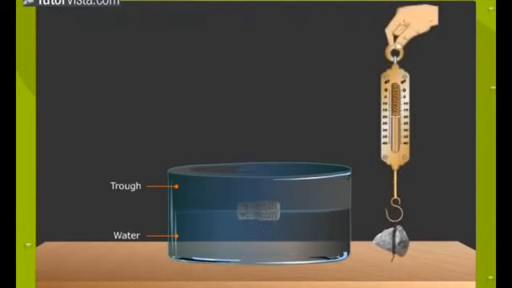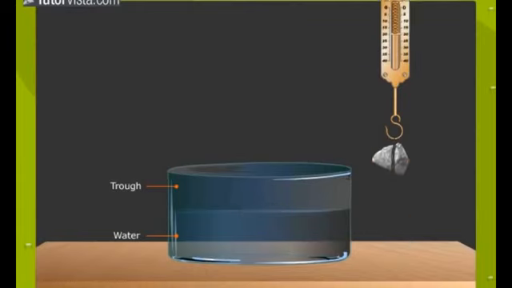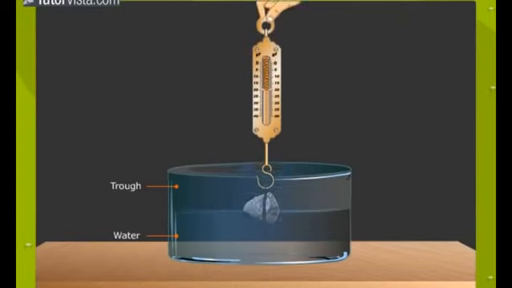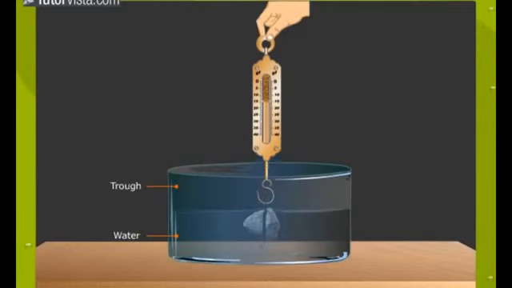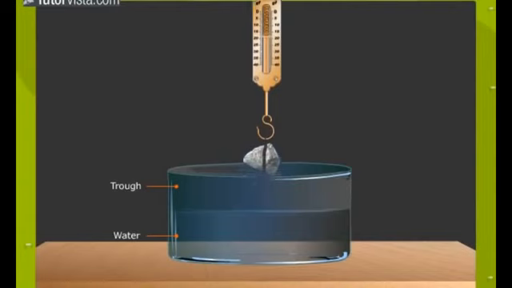Suspend a body from the hook of a spring balance. Observe the reading. Now slowly immerse the object into a trough containing water. What do you observe? We observe that the spring balance is indicating a less weight as compared to the initial reading. Now slowly remove the object from the trough.